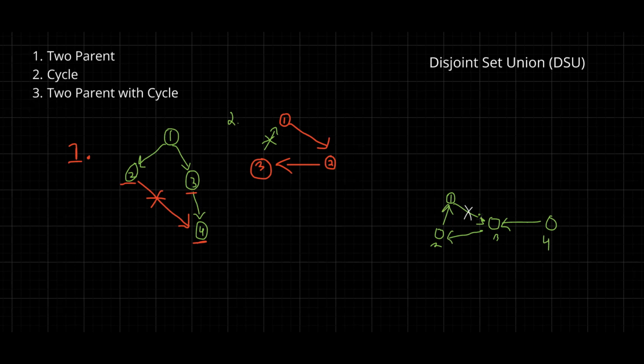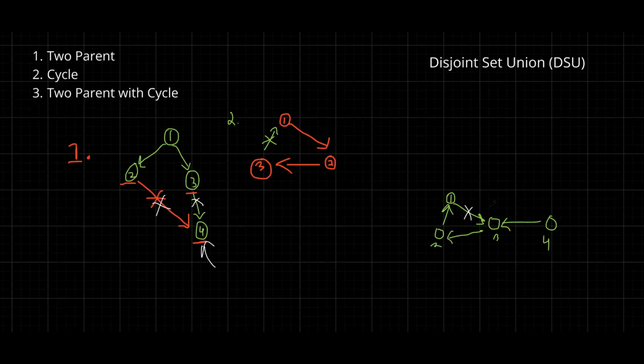So, in short, for the two parent issue, we can easily detect the extra edge. For any node which has two parents, we can remove any of its connections with parents. Hence, the problem will be solved. And if there exists a cycle, we can remove any of the cycle edges.